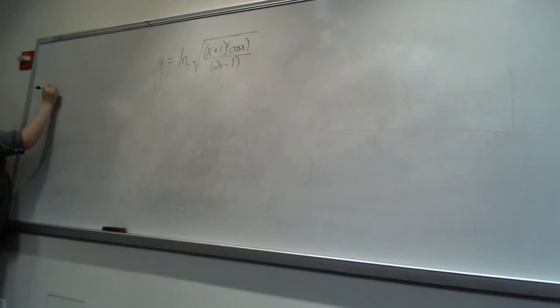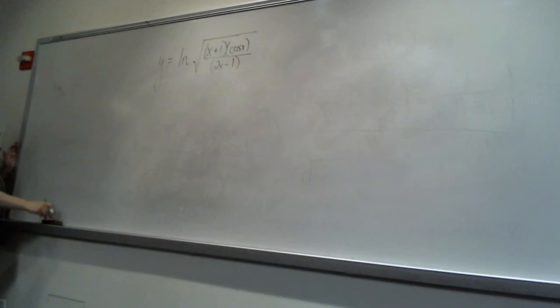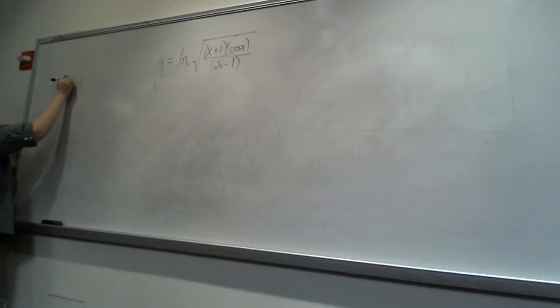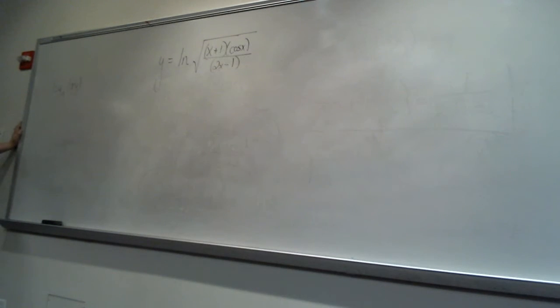If I have log base A of a product, what can I do? Split them apart how? Logs are nothing more than exponents, right?